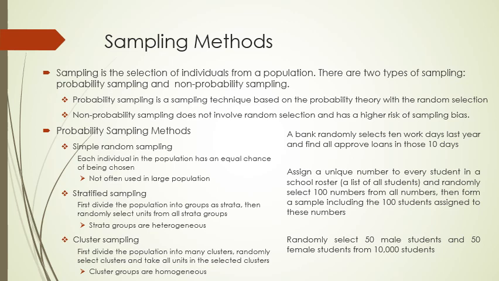The second method is stratified sampling. First, we divide the population into groups as strata, then randomly select subjects from all strata groups. The key for this method is we make strata groups as heterogeneous as possible, and we must select from all strata to include the heterogeneity.